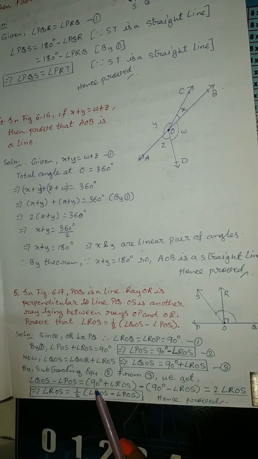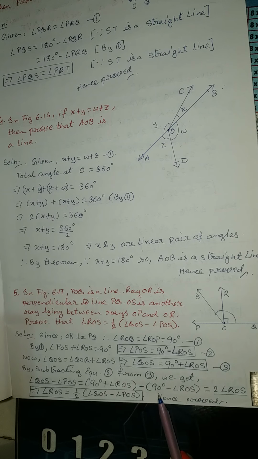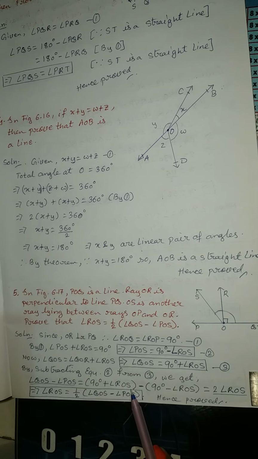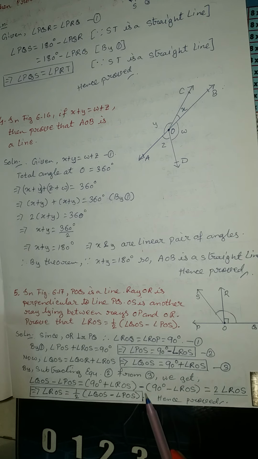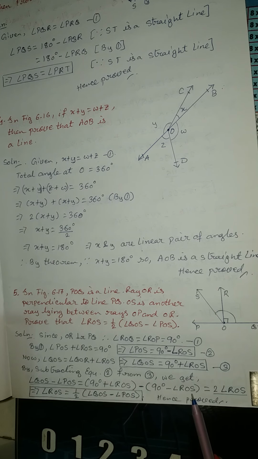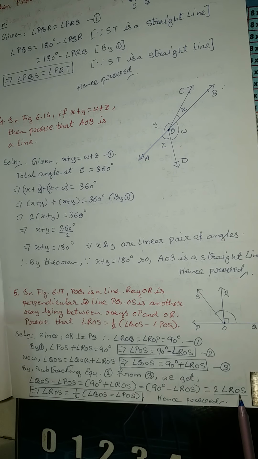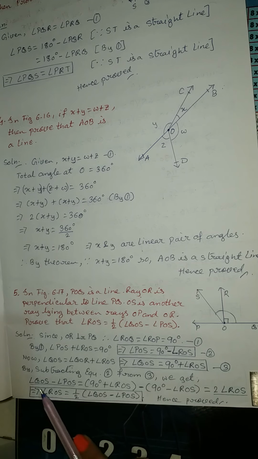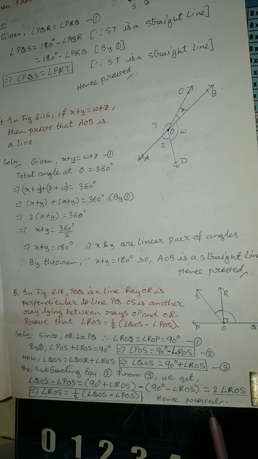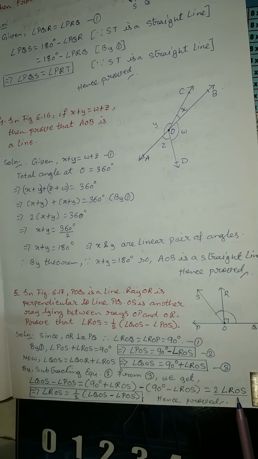So 90 minus 90 becomes 0, and minus minus ROS becomes positive, right? So ROS plus ROS becomes twice of ROS. So what do we get from here? Angle QOS minus angle POS is equal to twice of ROS.